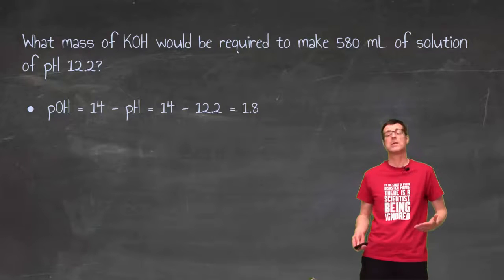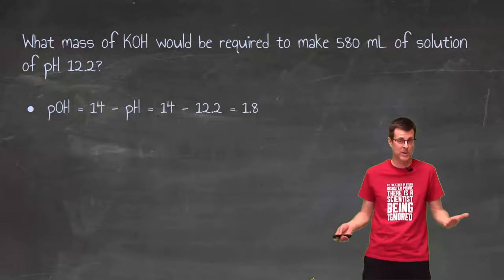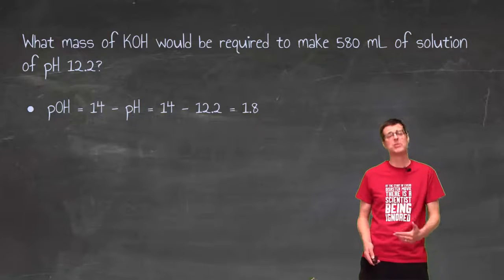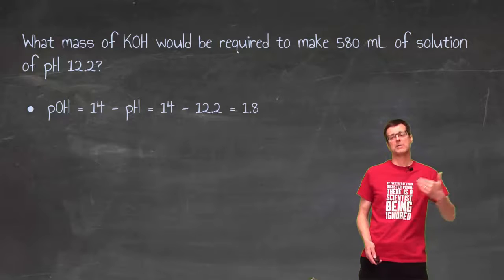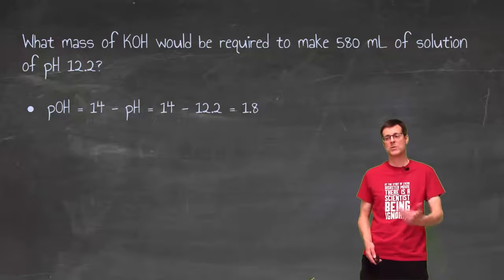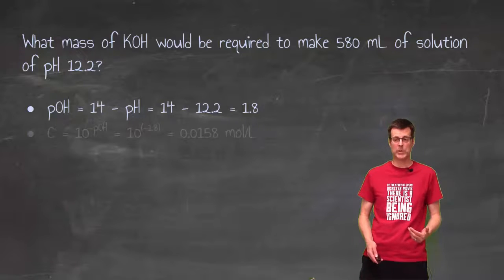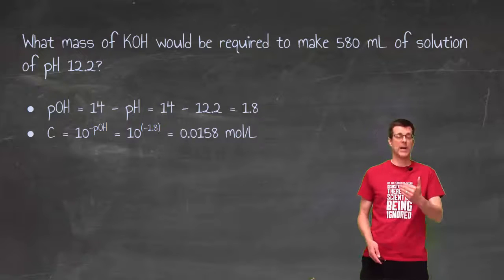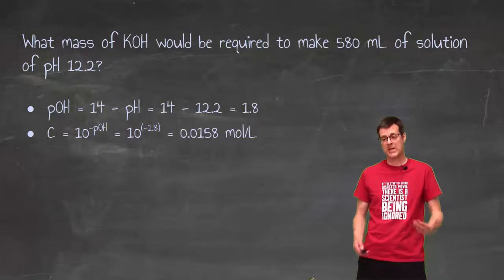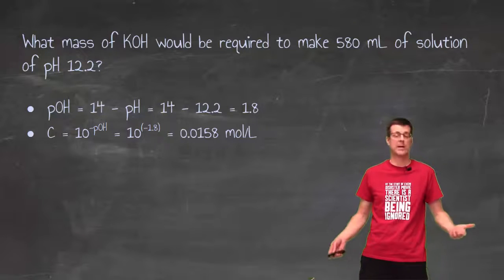Now I have everything I need to answer the first question. pOH is 14 minus pH. So 14 minus pH gives me a pOH of 1.8. Now I have pOH, I can find concentration. Put it in as a negative exponent on 10, I have my concentration.